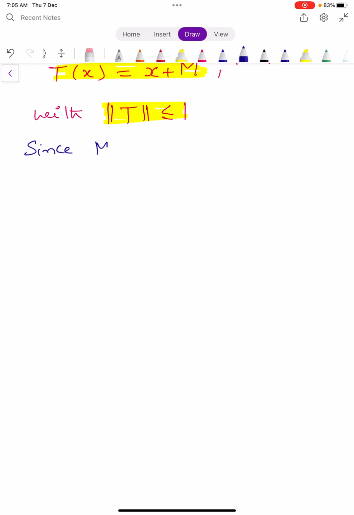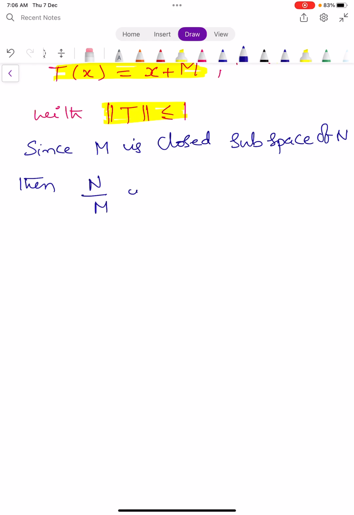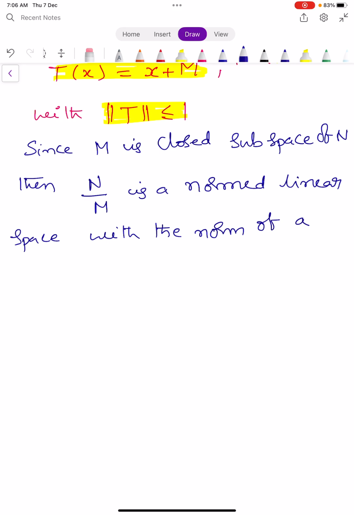Since capital M is a closed subspace of capital N, then obviously N by M is a normed linear space with the norm of a coset.